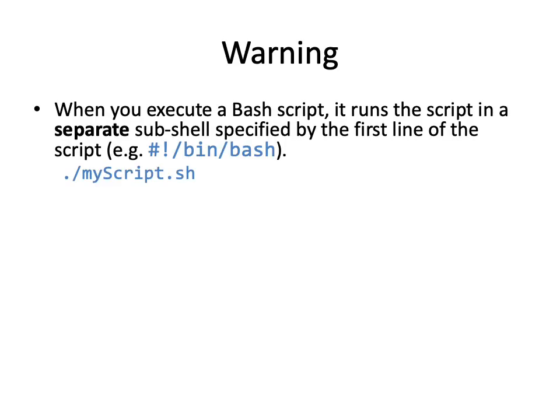So here's a quick warning. When you execute a bash script, it runs the script in a separate subshell specified by the first line of the script. So again, shebang /bin/bash is going to run a subshell of bash within your current session of bash. So if I do ./myscript.sh, it's going to run a separate version of bash within my current shell to run that script.